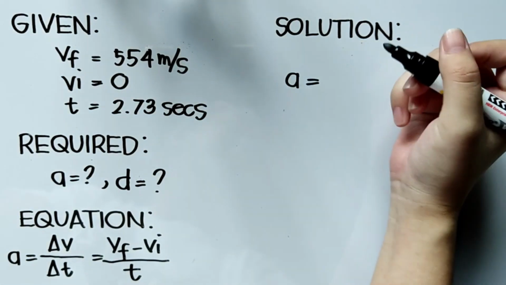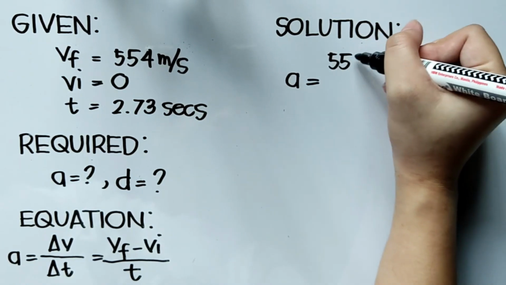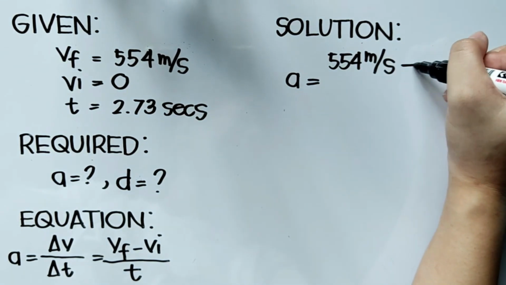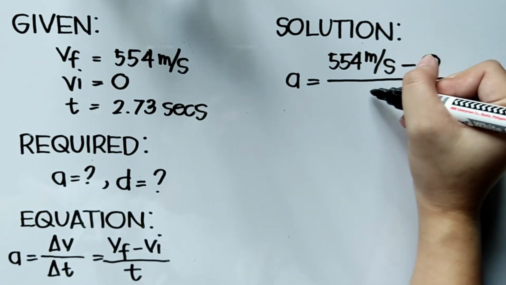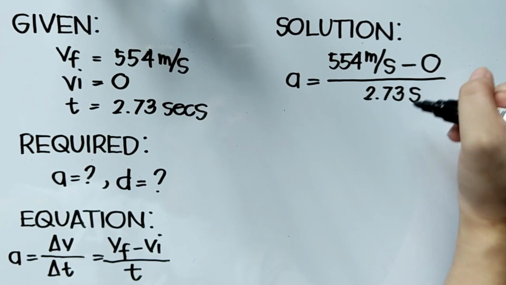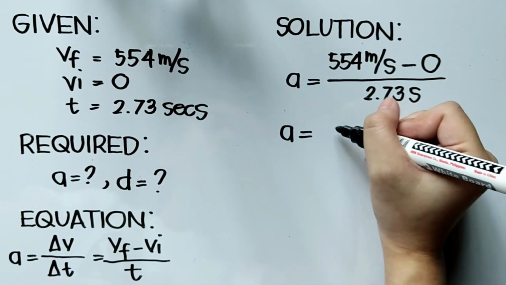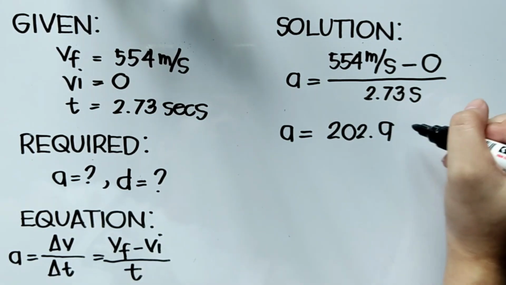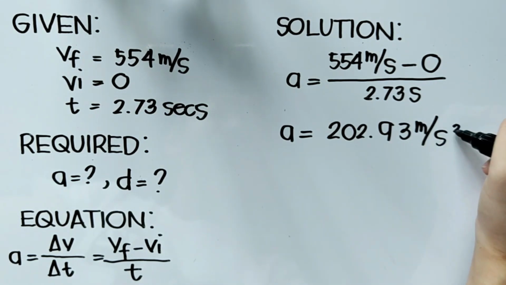So we have a final speed of 554 meters per second minus the initial speed of 0, divided by 2.73 seconds. By using a calculator, we will get an acceleration of 202.93 meters per second squared.